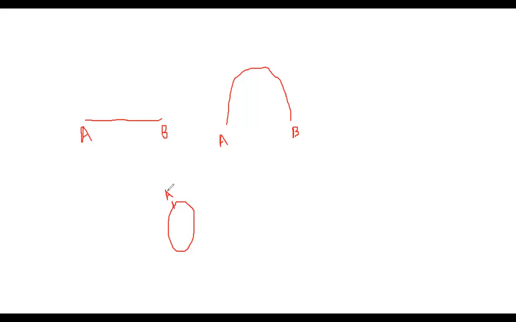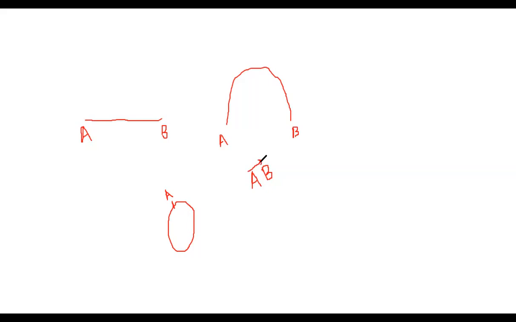If there is some separation from one point to the other point, with the starting point A and the ending point B, you cannot say B to A. You will have to say A to B, with a vector sign over it.